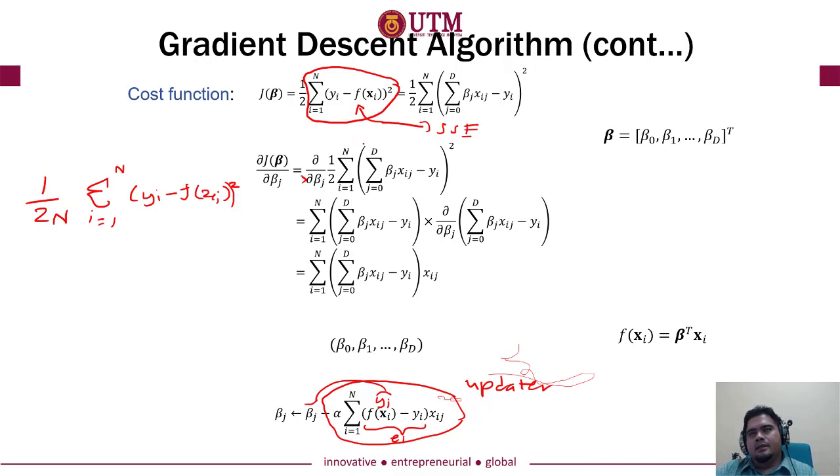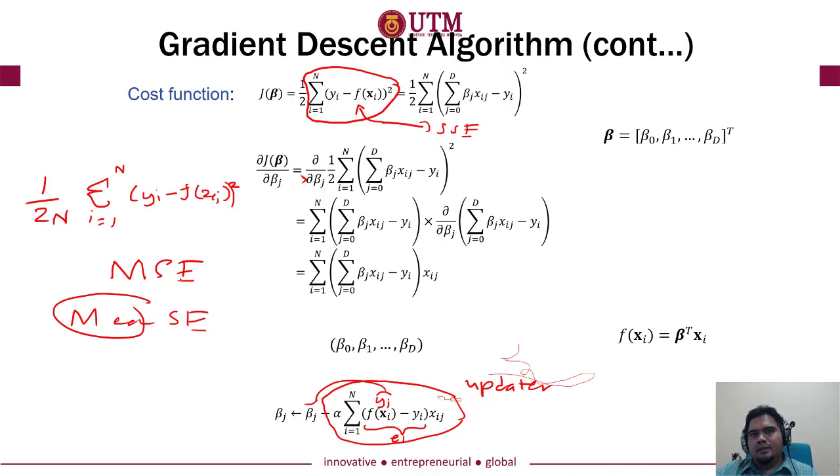But another cost function that is common in linear regression is what we call the MSE, which is mean square error. SSE is the sum of square error. MSE is the mean square error. So what is the meaning of mean square error? You take the total errors from previously.